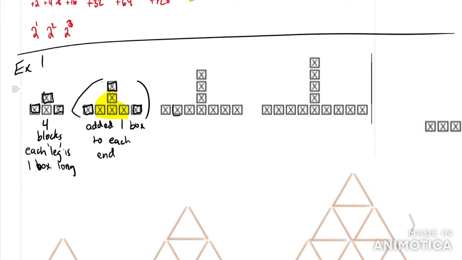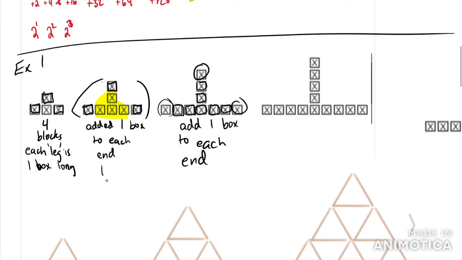So 1, 2, 1, 2, 1, 2, and then the joining piece. So again, the new boxes are right here. So again, I'm adding 1 box to each end.